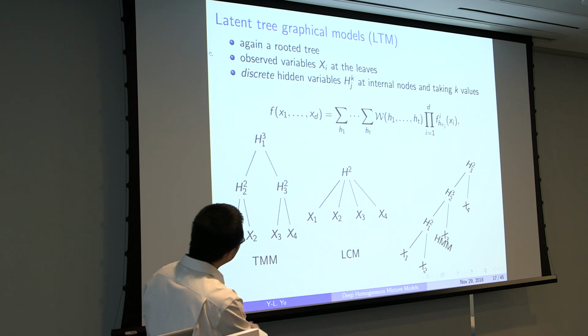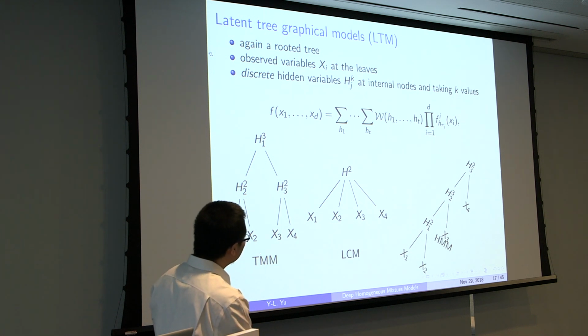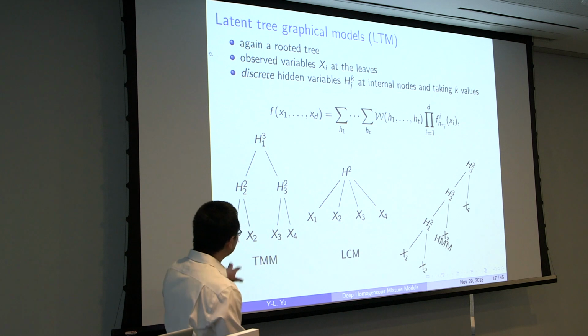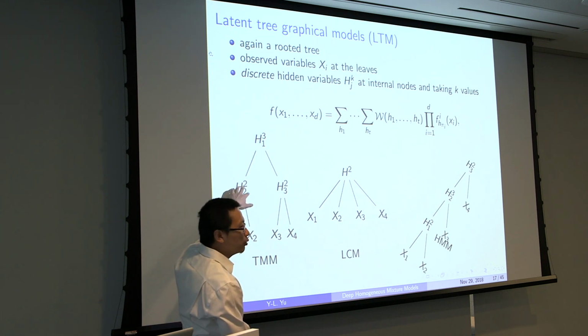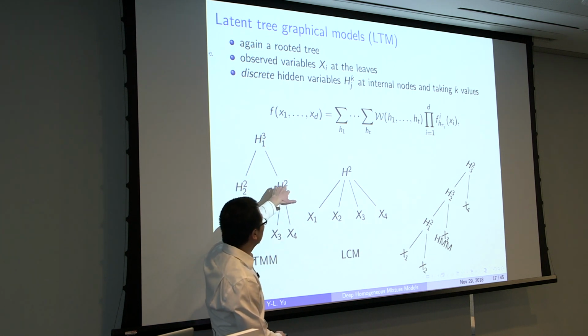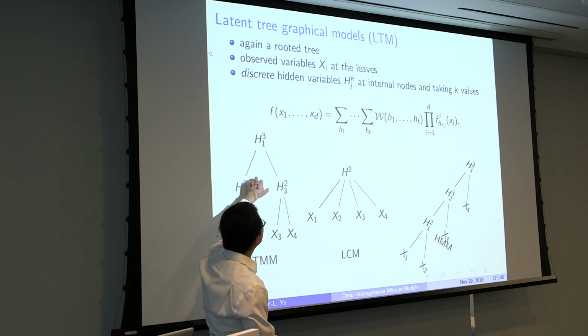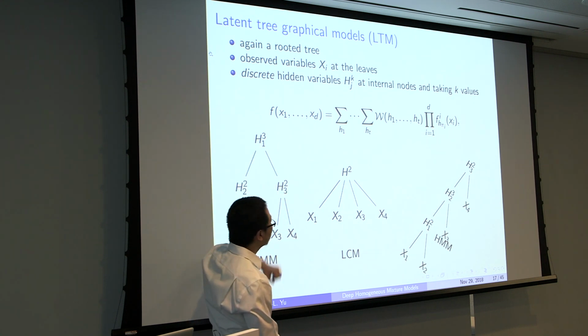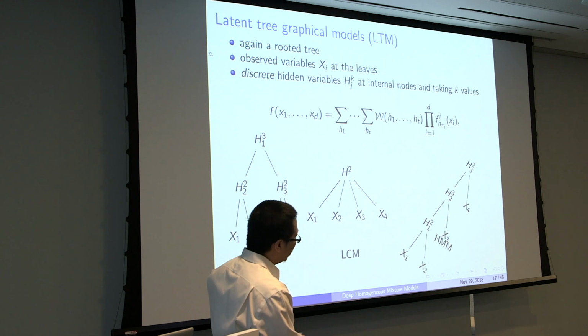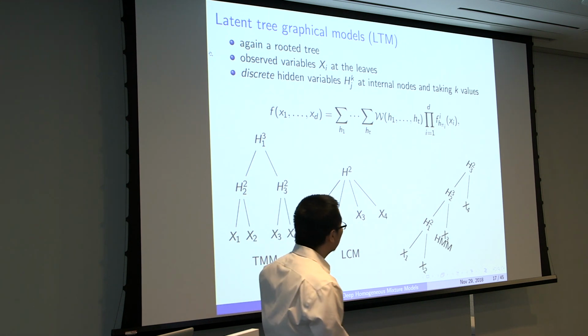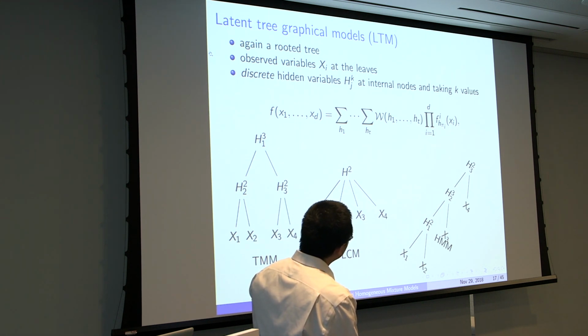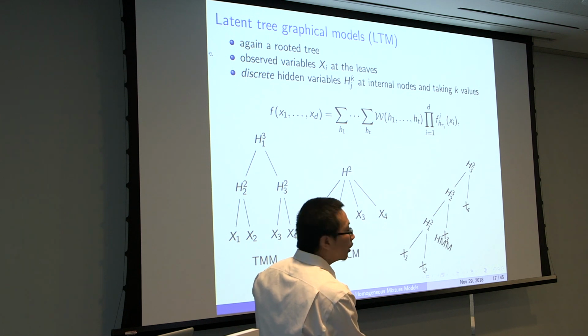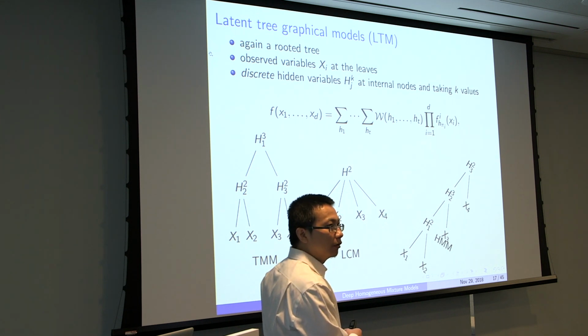What I'm showing on the left is the so-called tensorial mixture model. Basically, each time you take two variables and put a hidden node, and then you take two hidden variables and put another hidden node. Another example is the naive Bayes model, where you have all the observed variables but only one giant hidden variable.